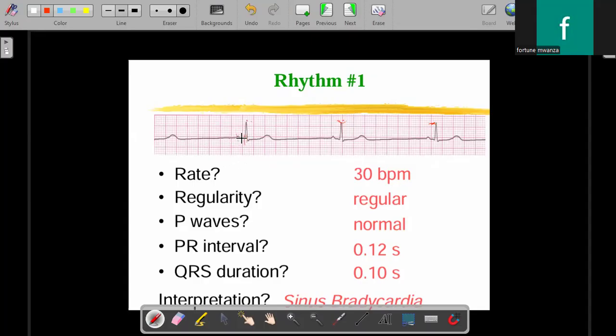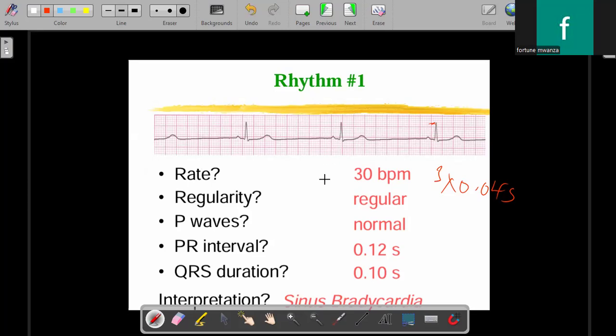So you get your 3, then you multiply by 0.04 seconds, and you find it's within the normal range, which is up to 0.12 seconds. Then the QRS duration as well. You check where the QRS complex starts, which is here, to where it ends, which is here.